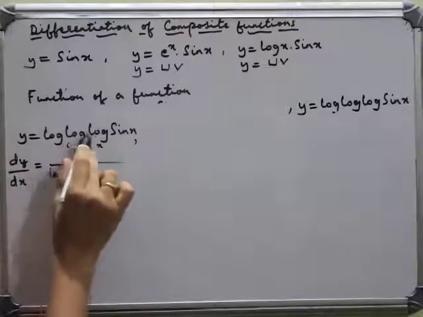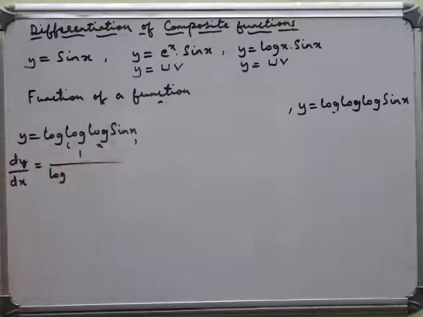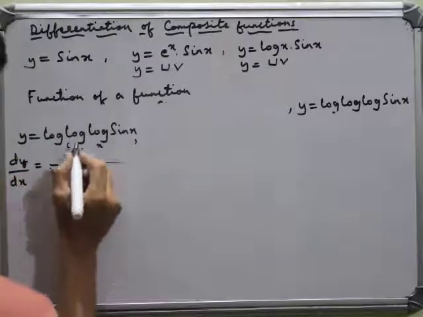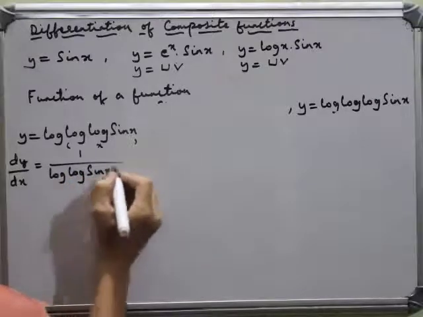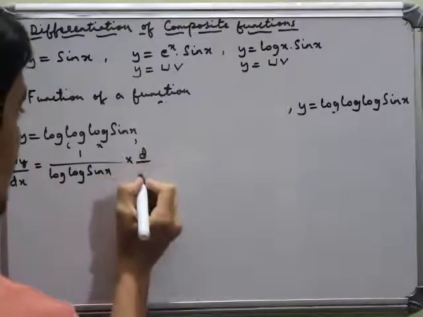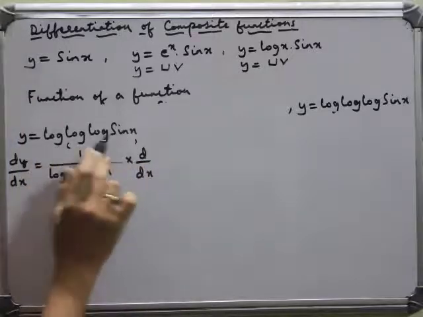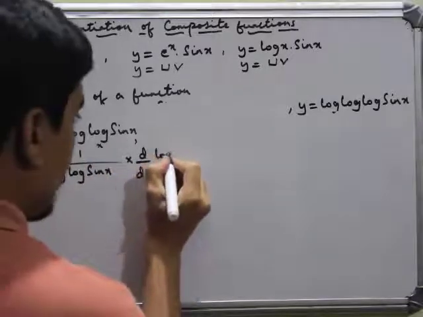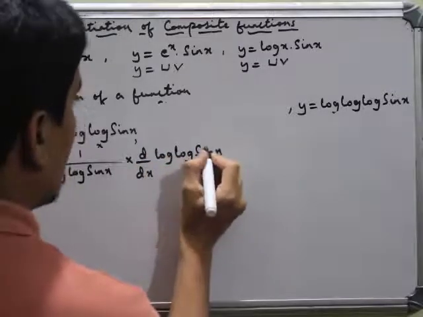So log sin x, we have considered this entire function as x. So write it: log of sin x into differentiation of the first function. We have differentiated it, the remaining is the differentiation of log of sin x.